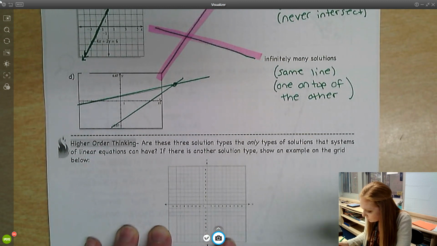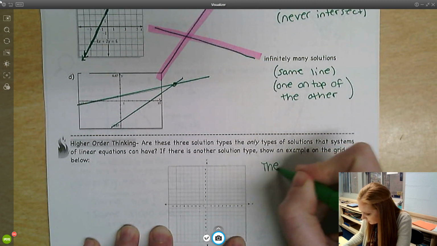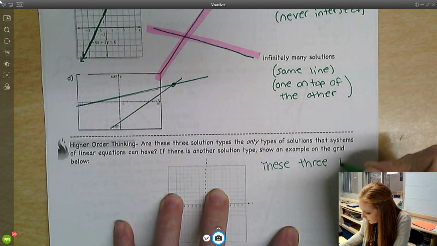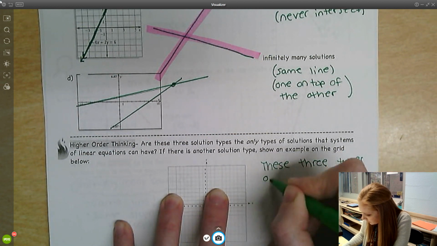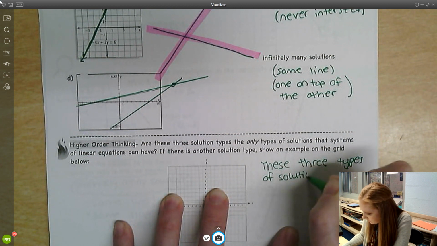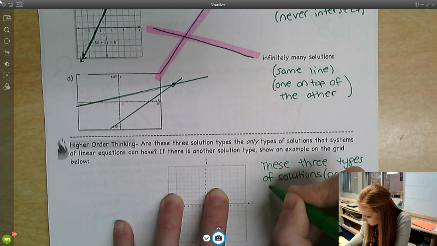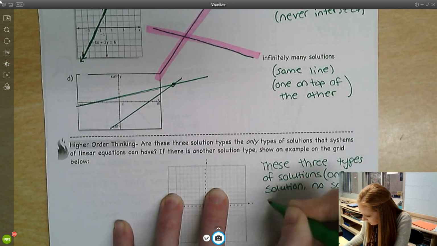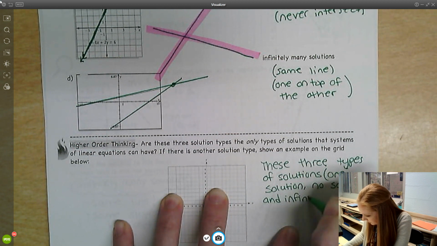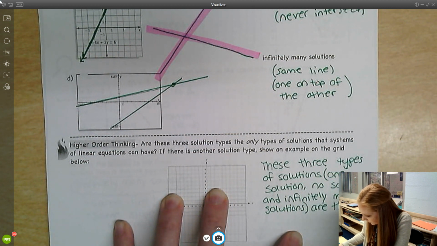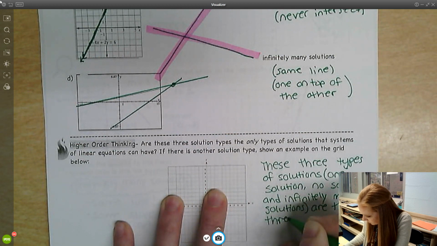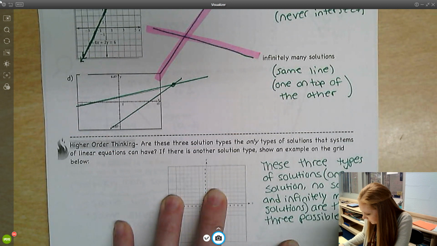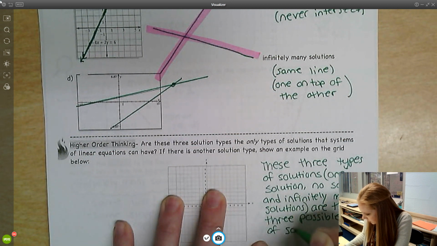Are these 3 types of solutions the only types of solutions? So these 3 types of solutions, which are one solution, no solution, and infinitely many, are the only 3 possible types of solutions.